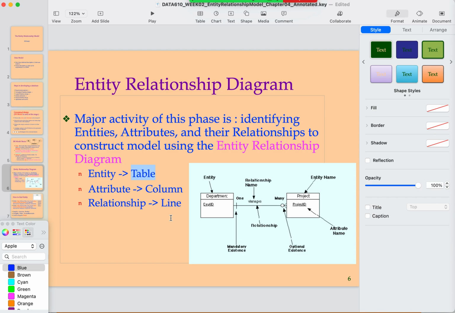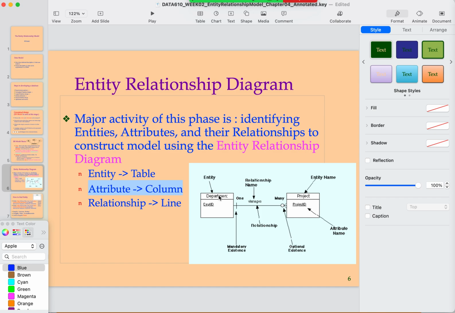In the table we have rows and columns. The attributes are on the columns. So if there is a customer or a patient or an employee, it will be a table in our relational database that's called customer, patient, or employee. In this case, there is a department here.